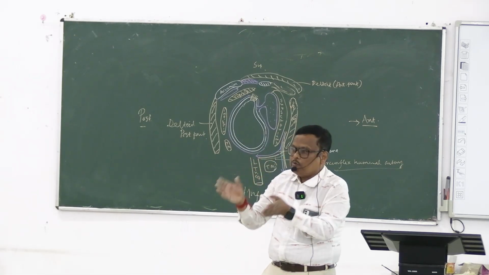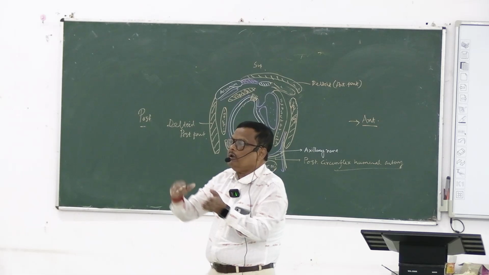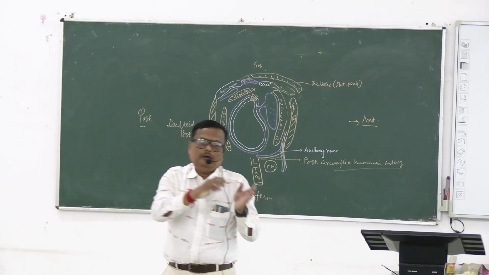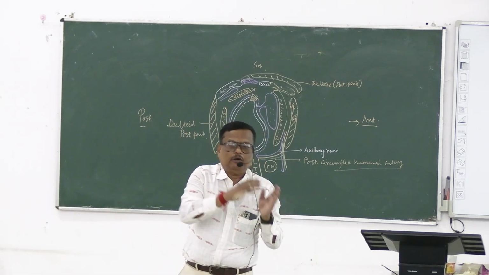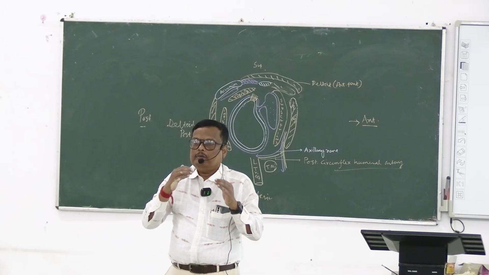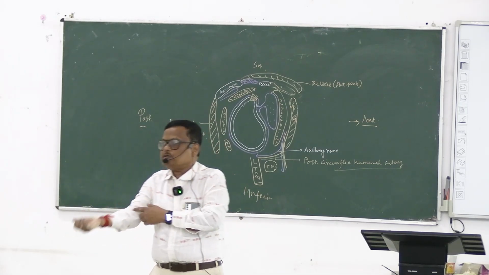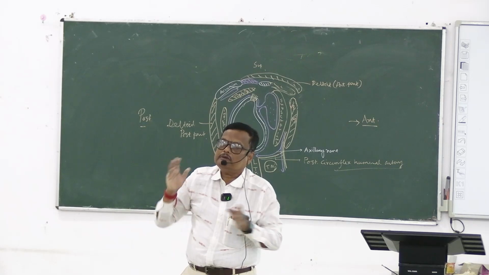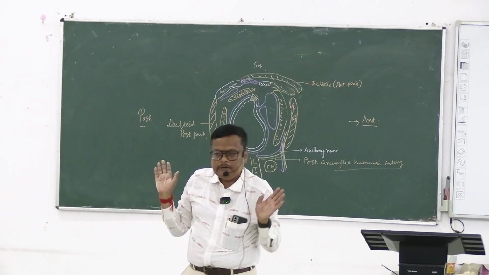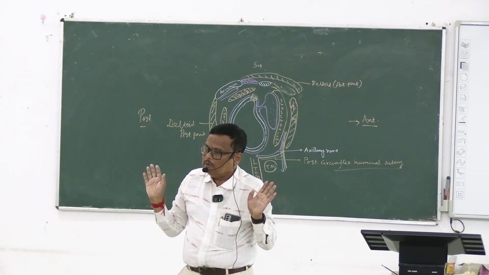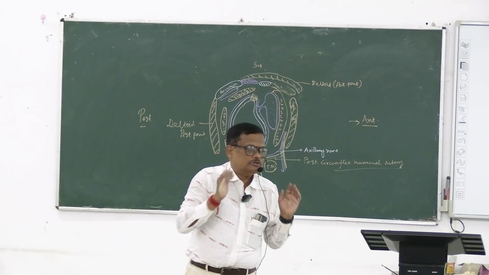The muscle that opposes the prime mover is the antagonist muscle. So the biceps doing flexion, the triceps is here the antagonist muscle. Right? So we call them antagonist.